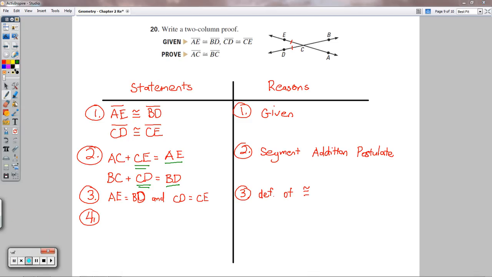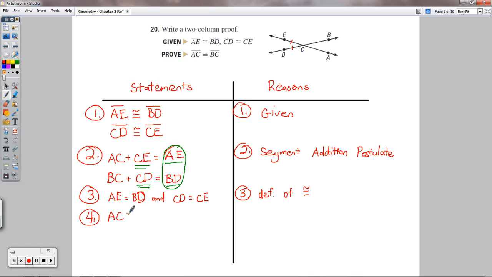So in a proof format, we have to be very technical, precise with the way we're putting things in order here. Since I know that these two things are equal, right here and right here, AE and BD, I'm told that they are congruent. I can set congruent things that I know are equal to each other, things that I know that they equal as well. Since this equals AE and this equals BD, I can say that this one, AC plus CE, equals BC plus CD.